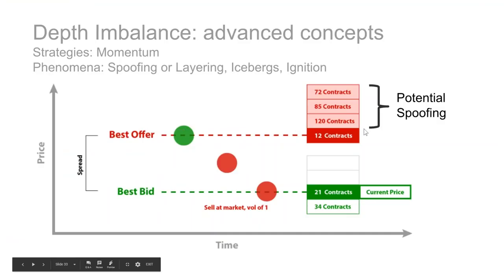So, advanced concepts: the potential spoofing, imbalance to drive price lower and maybe get bids filled at lower price levels. There are also strategies that we're going to go over later with momentum, looking for momentum, or spoofing. You can start to look for that, or layering, icebergs, and ignition algos.